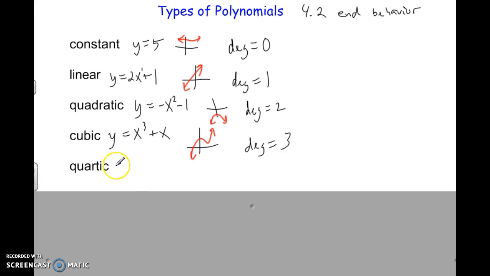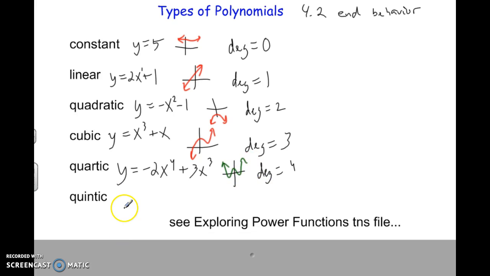Quartic, you don't hear that name very often, but you sometimes will see these. So negative 2x to the fourth plus 3x cubed would be an example of a quartic. Degree is 4. The graph might look like a W, maybe, or something like that. It doesn't have to have quite that many curves in it, but it might.